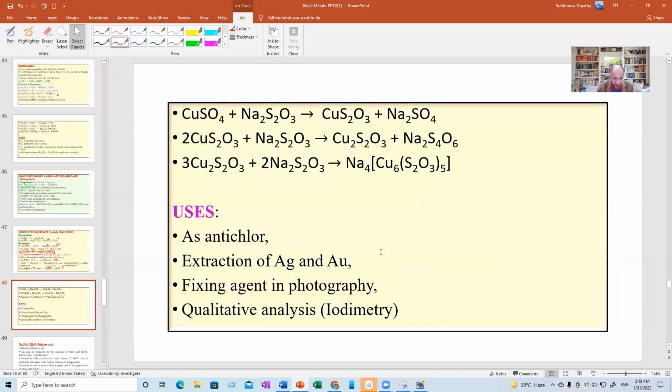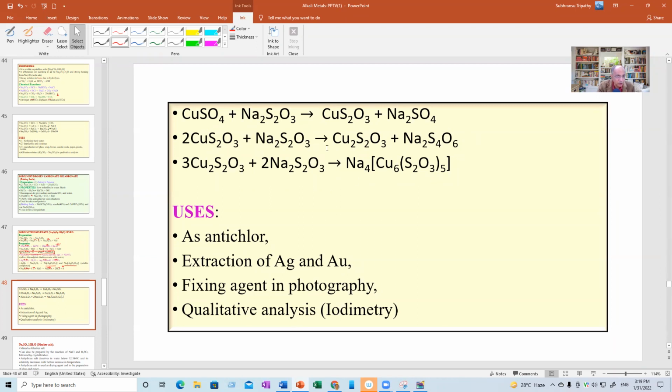So this is an intimidating reaction where copper sulfate reacts with thiosulfate to first give you cupric thiosulfate by metathesis. But here you have a redox reaction where copper goes from +2 to +1, and sulfur from +2 to +2.5, just like in the case of iodine reacting with sodium thiosulfate.